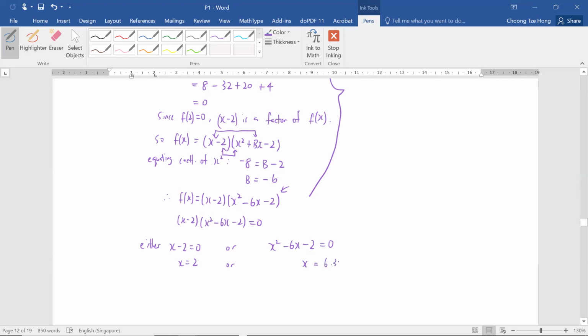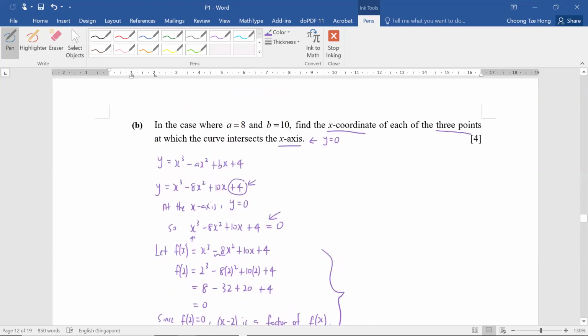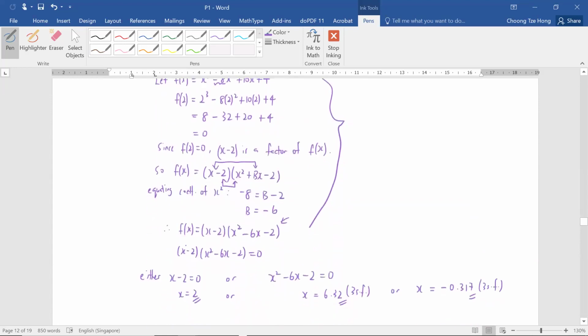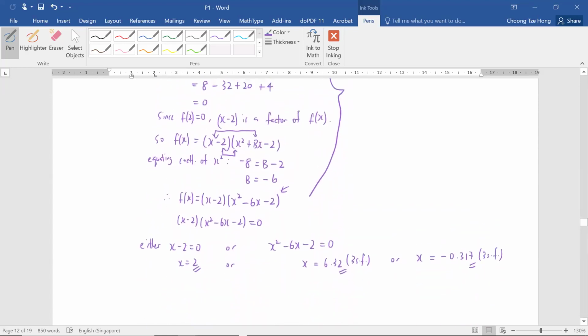So you get 6.32, to 3 significant figures, or x equals -0.317, also to 3 significant figures. These are the three values of x which they want us to find. They only want the x coordinate, so we just need to find the x value.